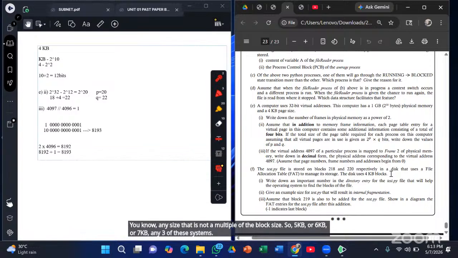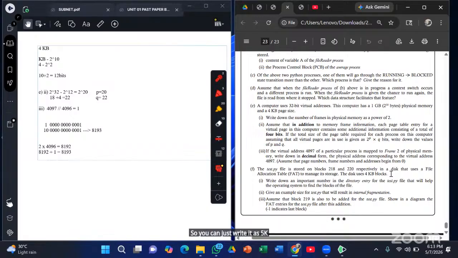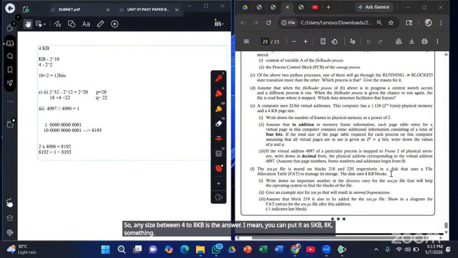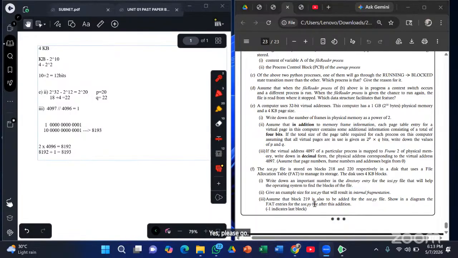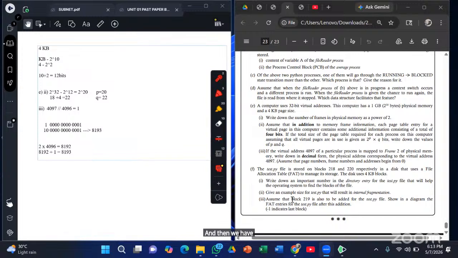So you can just write it as 5 KB. Let's say that's the answer. That's it. Clear? So any size between 4 to 8 KB is the answer. Yes, clear, right? Good.